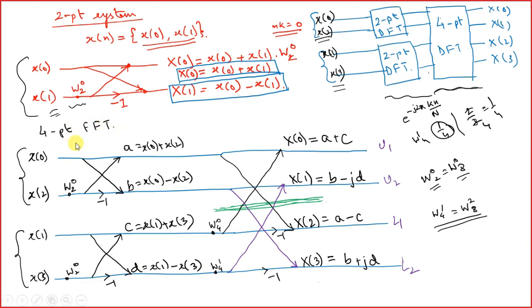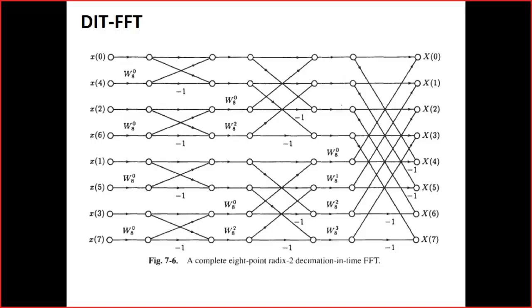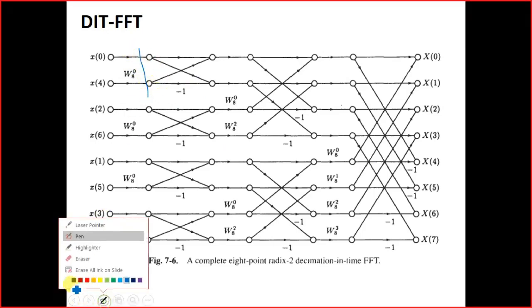If you see the number of complex multiplications that we did using the twiddle factor matrix, it was much higher than in this case, right? Now let us go to the 8-point DFT. Since you have understood the 4-point DFT, it will be easier for you to understand the 8-point DFT.